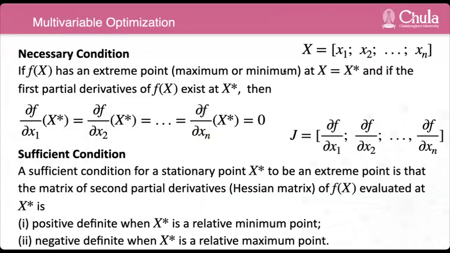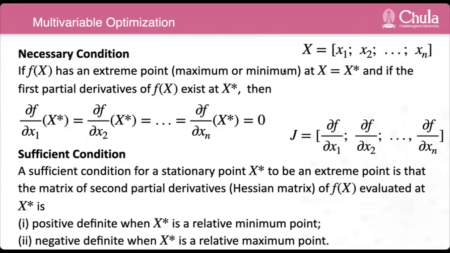Then we move to multivariables. Let's say we are in n dimensions. x is a point in n dimensions. We have x1, x2, x3, up to xn, different dimensions, right?